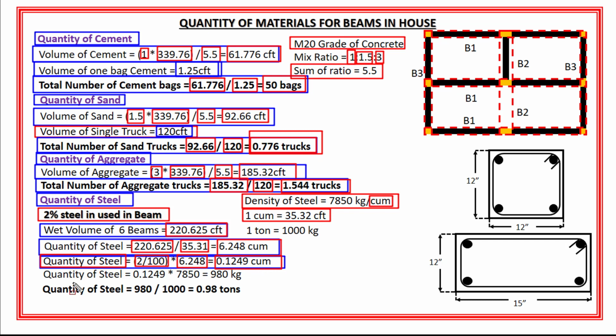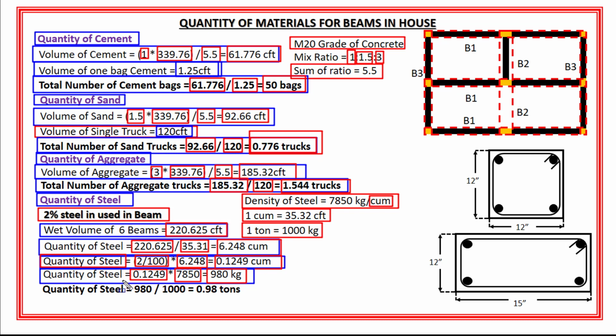Now I have to convert the quantity of steel to kg and tons. So the amount of steel is equal to quantity of steel, which is 0.1249, multiplied by the density of steel, which is 7850 kg per cubic meter. And the total amount of steel is equal to 980 kg. Okay. Also we know that 1 ton is equal to 1000 kg.